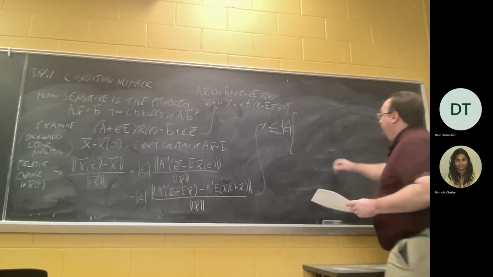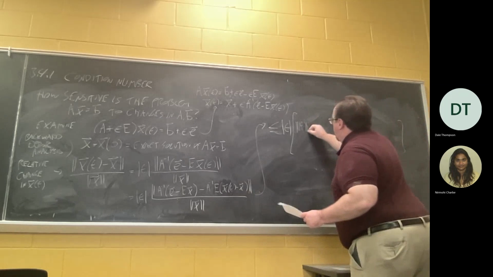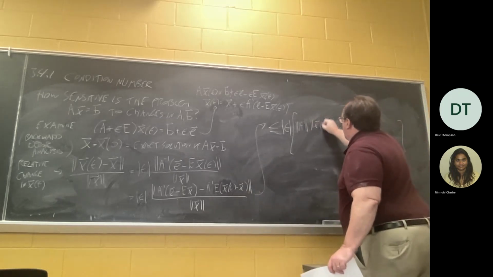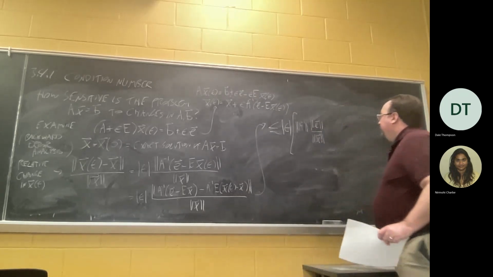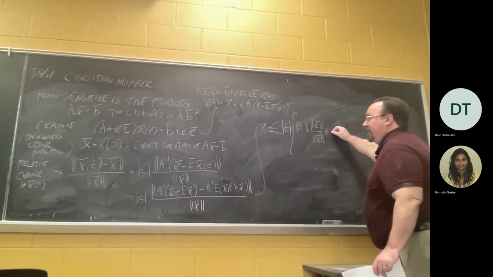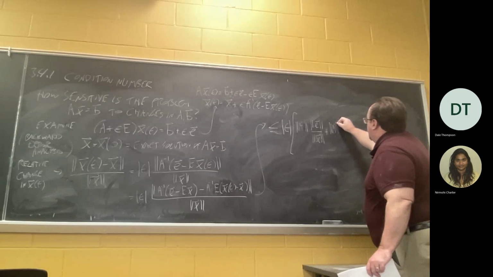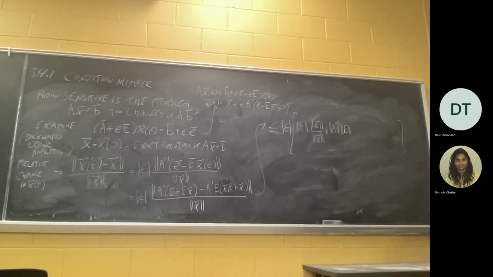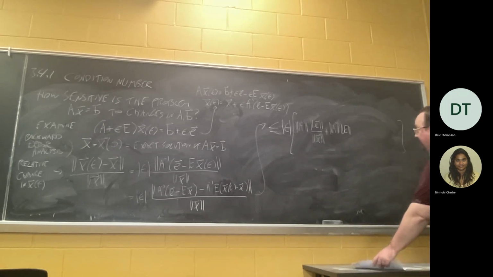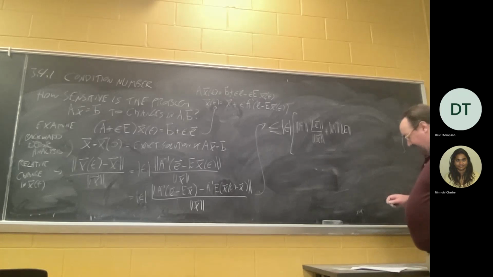So now I'm going to have norm of A inverse, norm of E over norm of X, plus norm of A inverse times norm of E. And then I have norm of X, but that cancels out with norm of X below. Yes, that's what I want.